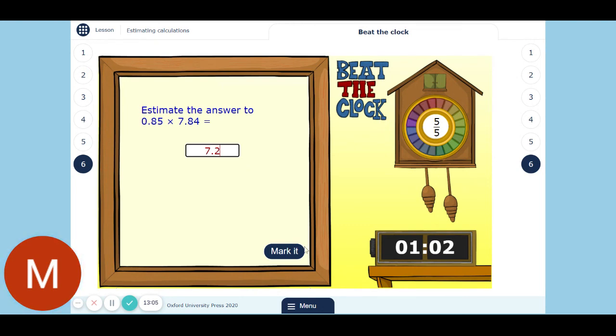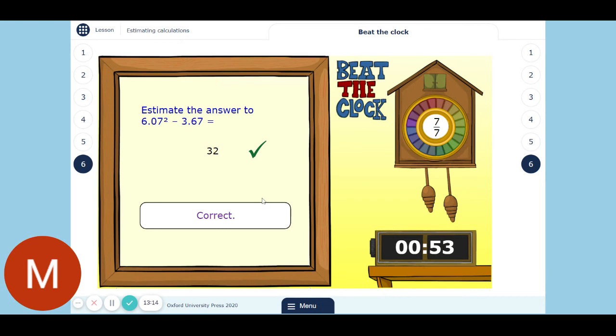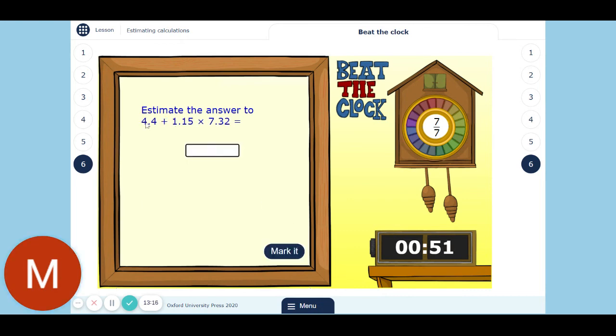So they can be pretty tricky with decimals in there. 6 squared is 36. Take away 4, 32. 4 plus 1, 7 is going to be 11.